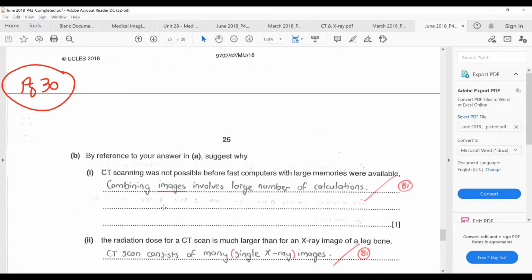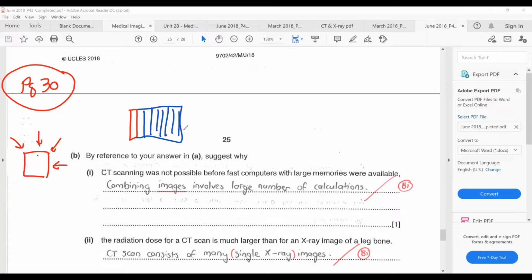Now, as I mentioned to you just now, when you do CT scanning, you had to do image of one slice. And then for one slice, you have to take X-ray at 4 different directions. And then after that, what you had to do was that you had to repeat the process for many successive slices before you combine them together to give a 3D image.